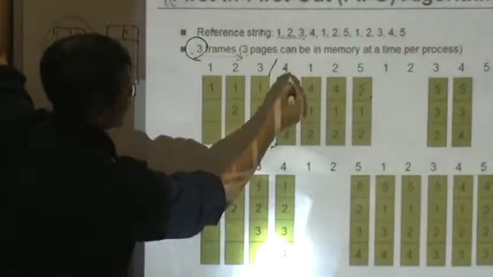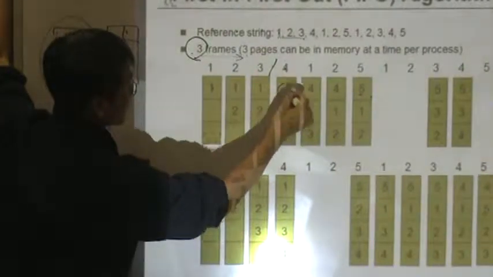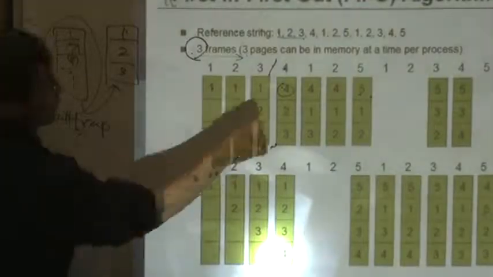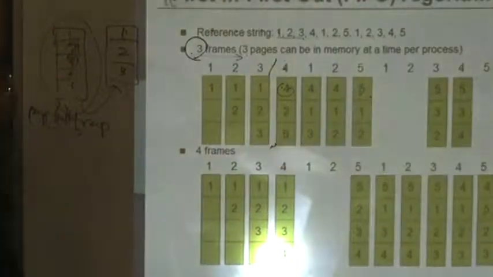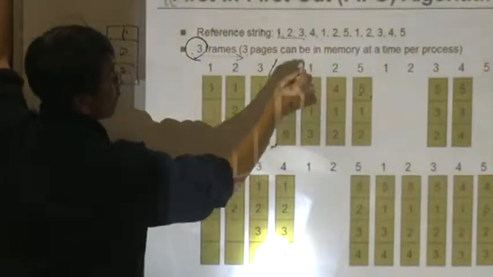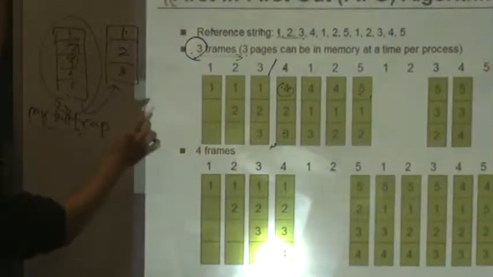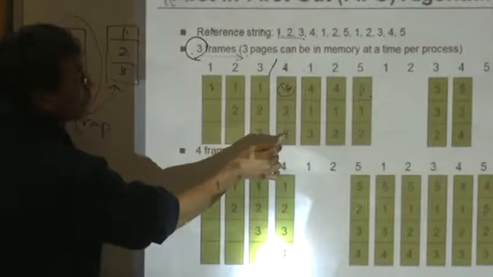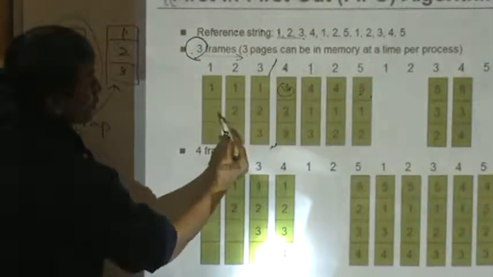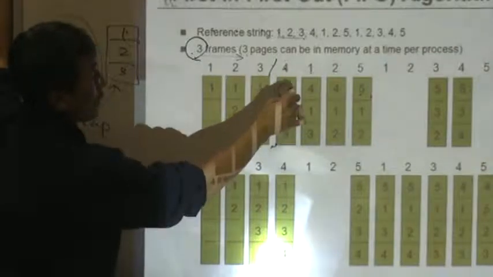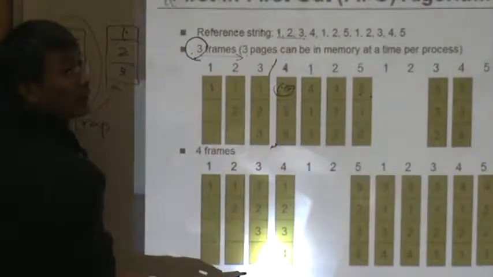This time it's page fault 1. Then we have pages 4, 2, 3 in the physical memory. Then the CPU needs 1. Can you find 1 over here? No. Page fault again. So which one is the oldest one? Here, how can we decide the victim page?